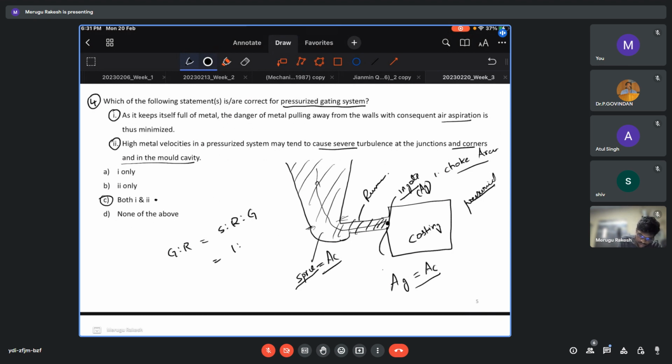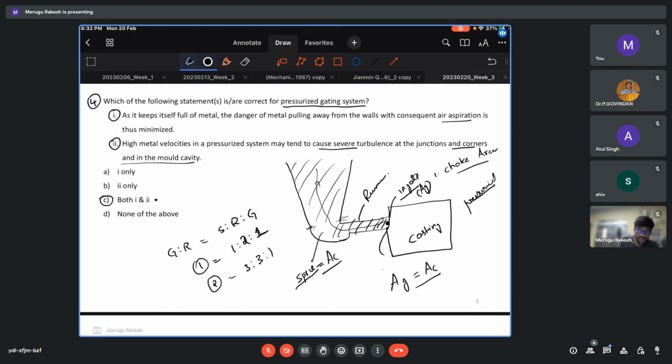Suppose one is 1 is to 2 is to 1, and the other one is 3 is to 1.